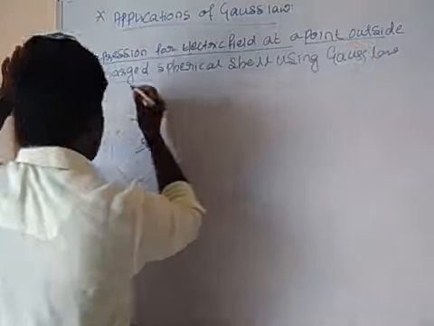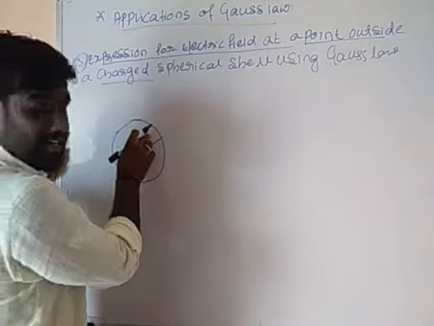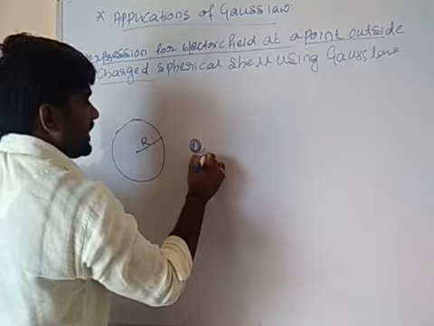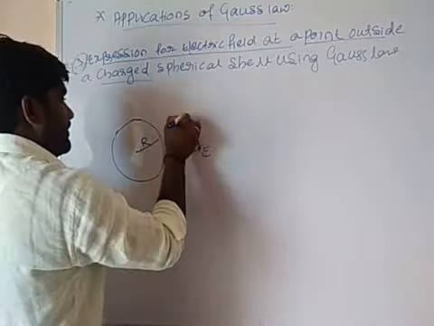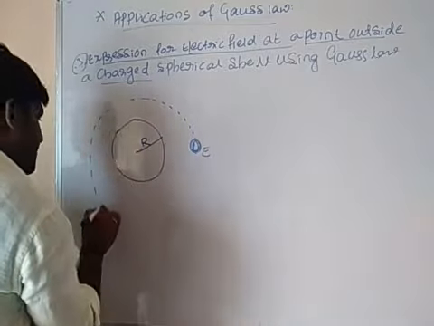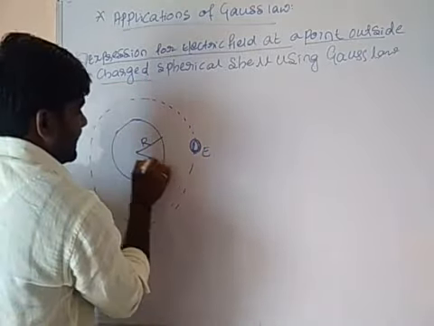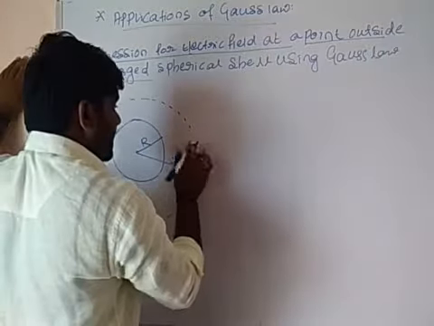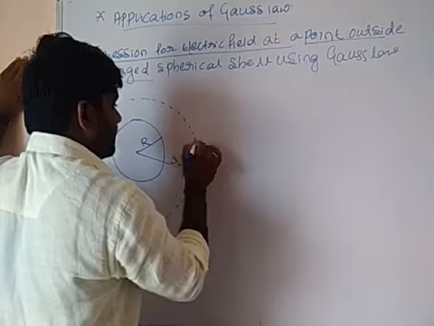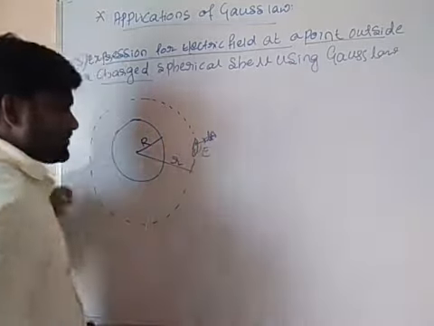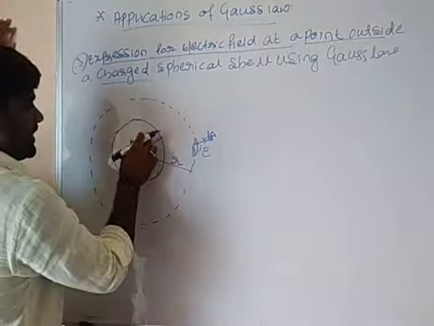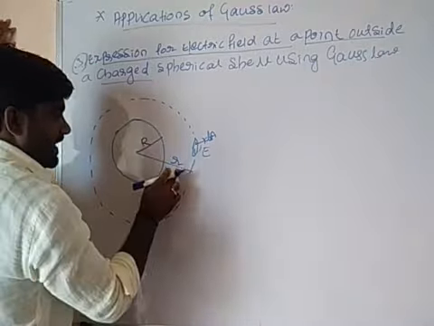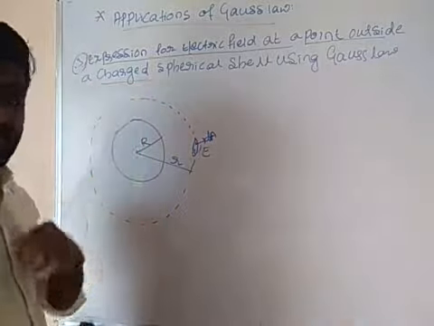At a point outside the charged spherical shell. So outside means here, if I want to calculate the electric field, I draw an imaginary sphere around this. Its radius is taken as r, and the area at this point will be dA. Let R be the radius of the spherical shell and r the radius of the imaginary sphere.